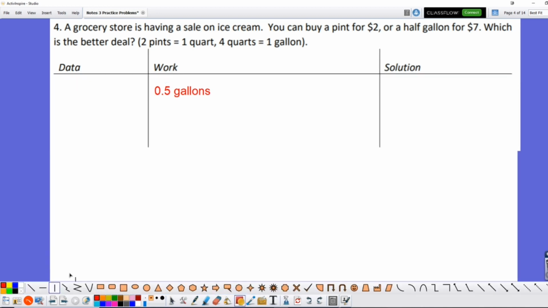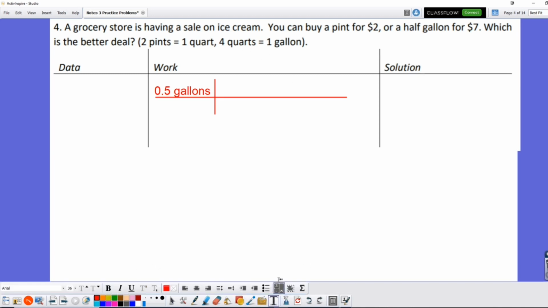All right, and I'm going to go ahead and start my bridge here. And the first conversion factor that I have here is going from gallons to pints. We weren't given a conversion factor that goes straight from gallons to pints. Instead, we were given gallons to quarts and then quarts to pints. So if we want to get rid of gallons, we first have to convert to quarts. So let's go ahead and do that.